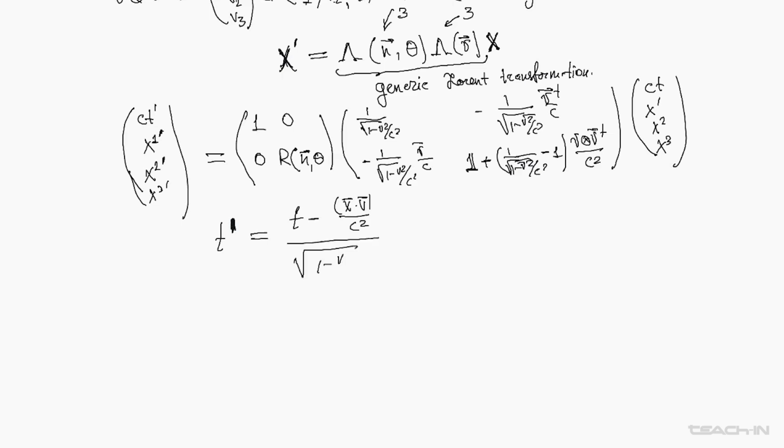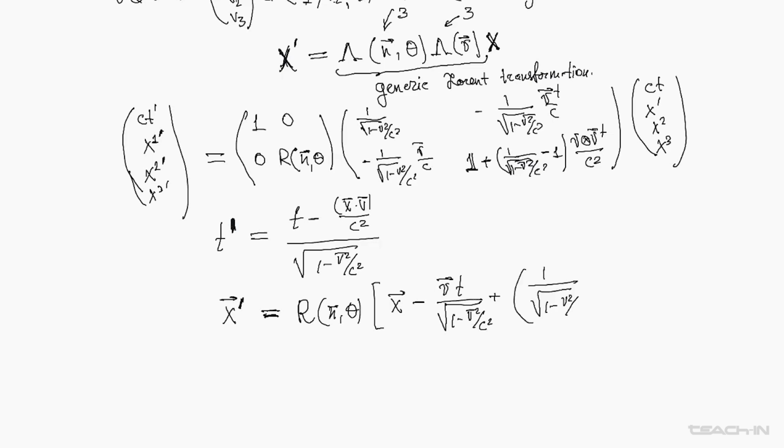And the three-dimensional vector x prime is related to the original vector x and time t by the following formula: the three-dimensional rotation matrix n theta acting on x minus v t divided by the square root of 1 minus v squared over c squared, plus 1 divided by the square root of 1 minus v squared over c squared, minus 1, multiplied by v times the scalar product of v with vector x, divided by v squared.